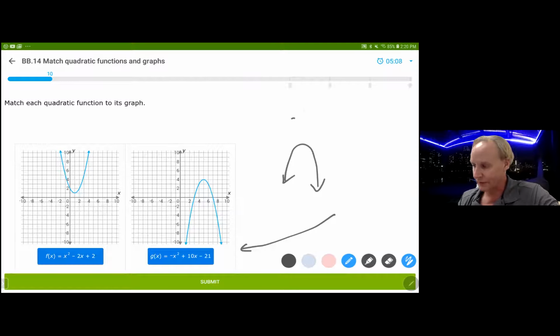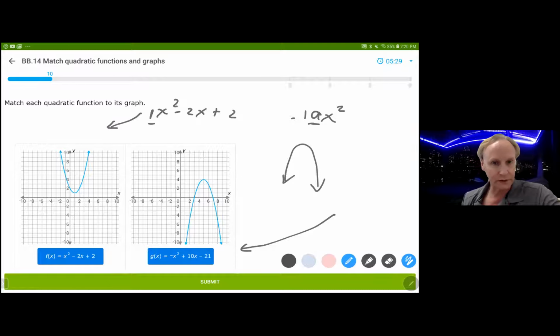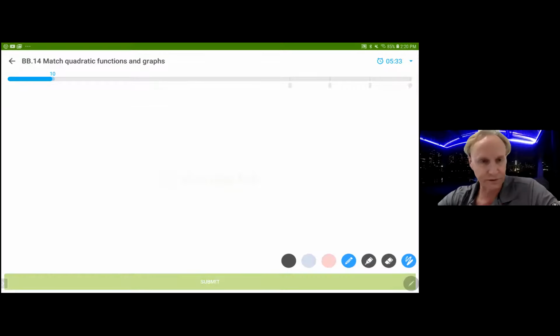Whenever you have a -1 for your a value, for your ax squared, then it's going to go down. And on the left, we have x squared minus 2x plus 2. There is a 1 in front of it, so it is a positive parabola. So anyway, that's all you needed to know for those two.